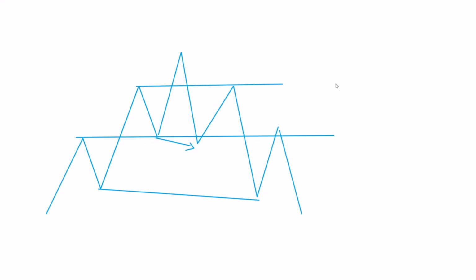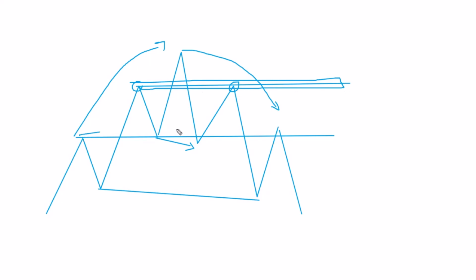So if this low is broken, this becomes a supply. If this low is broken, this high becomes a supply, and in a combination of the highs of an uptrend and the highs of a downtrend, it creates for us a trading box.